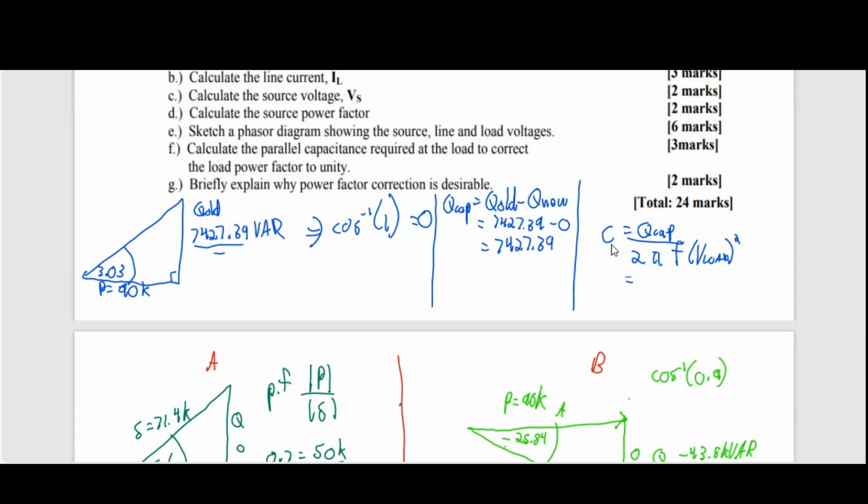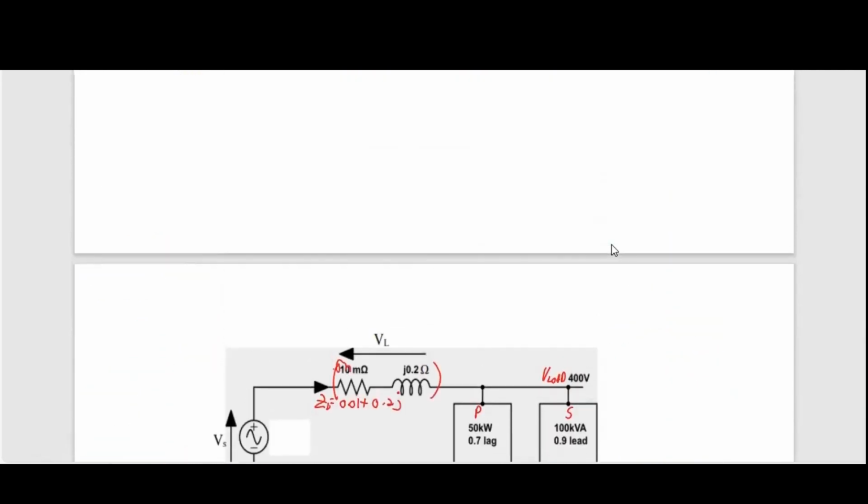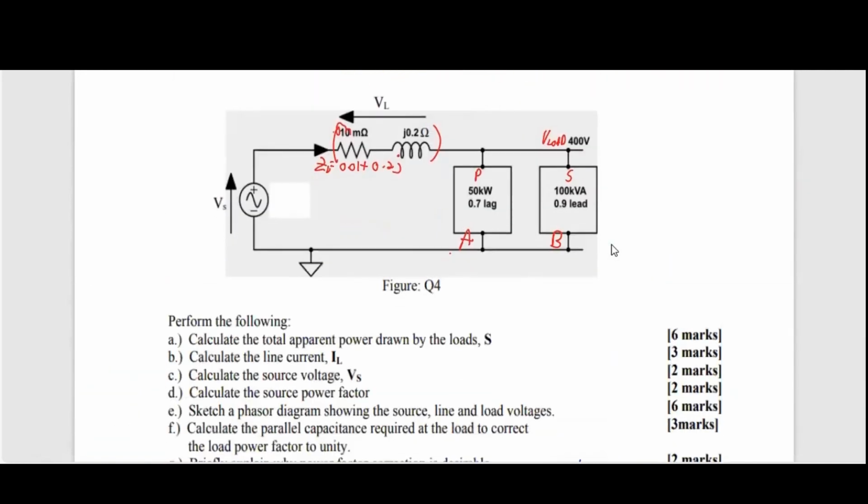That'll be Q cap, which is 7427.39, divided by 2 pi, what is F in this question? I think it's 60. Yeah, 60.